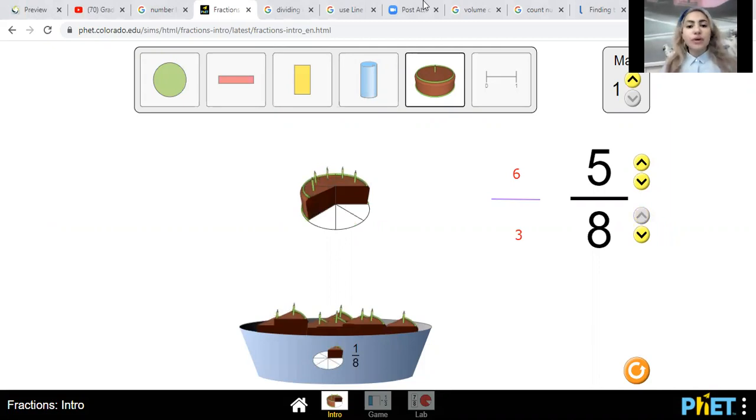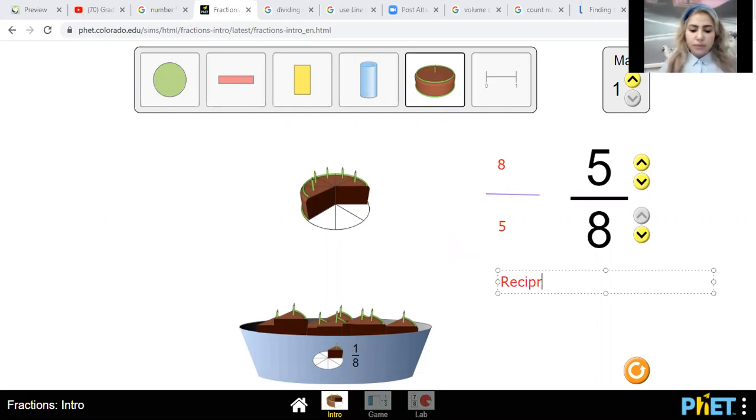The reciprocal of 5 out of 8 is 8 out of 5. Okay, so this is the reciprocal concept. You have to know this word very well and never forget it. The reciprocal.